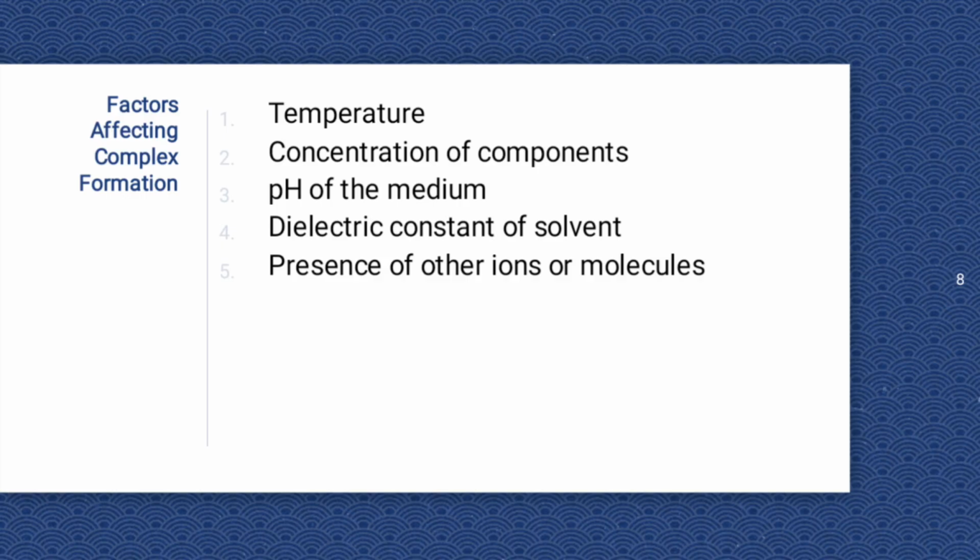And the next one is the presence of other ions or molecules. So students, if there exists a competing ion, ultimately it will result in a decrease in complex formation, which we can call shifting equilibrium. Okay, so it is inversely proportional.